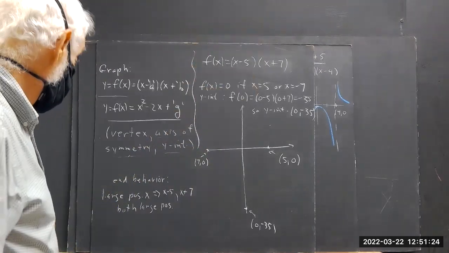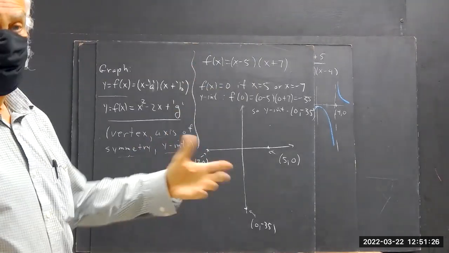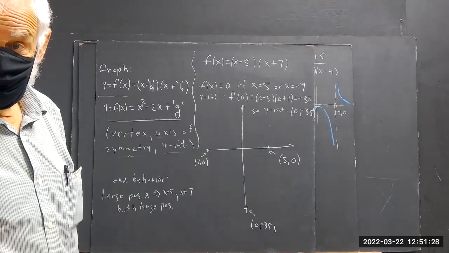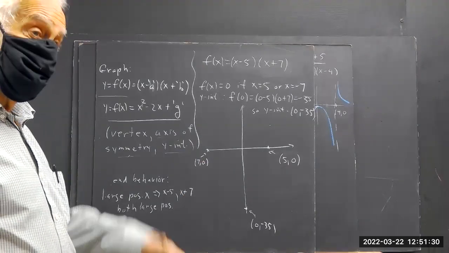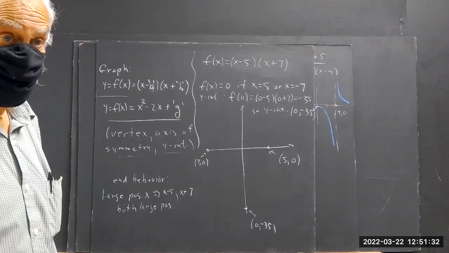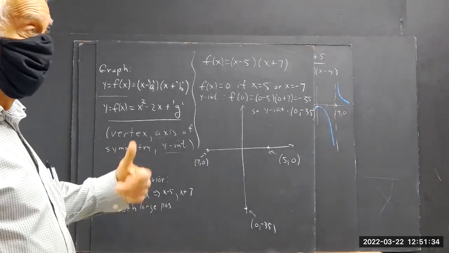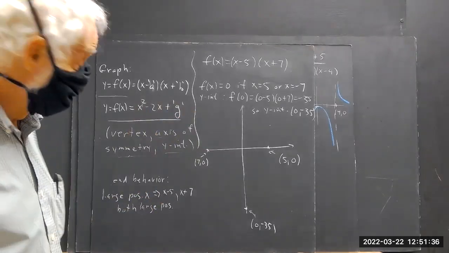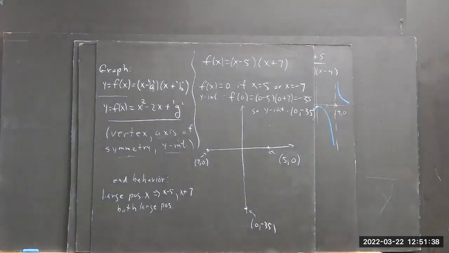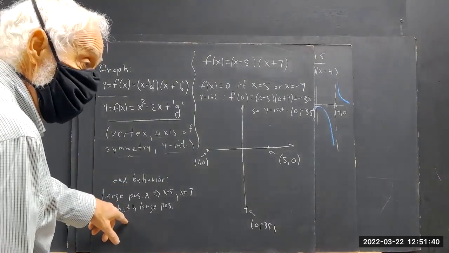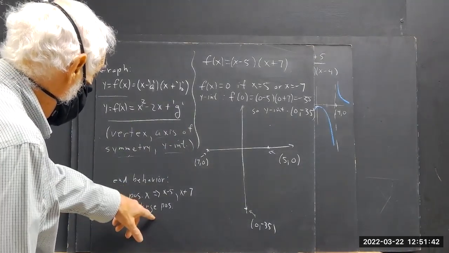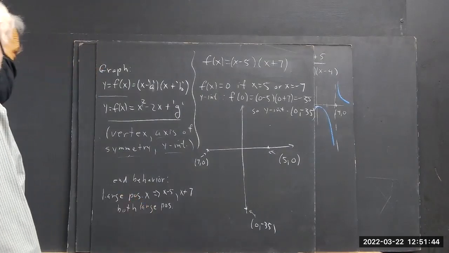So you're going to get a really big positive number, because 1 billion times 1 billion is 10 to the 18th, which is a trillion trillion, if you like.